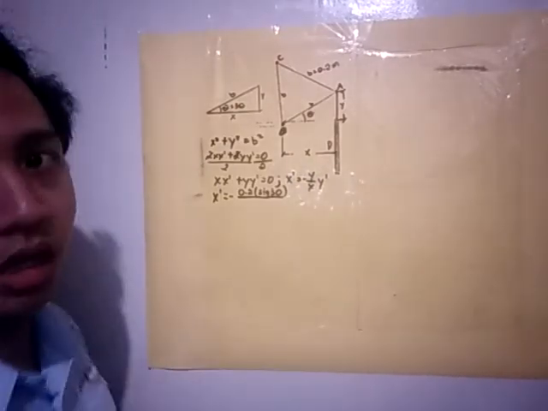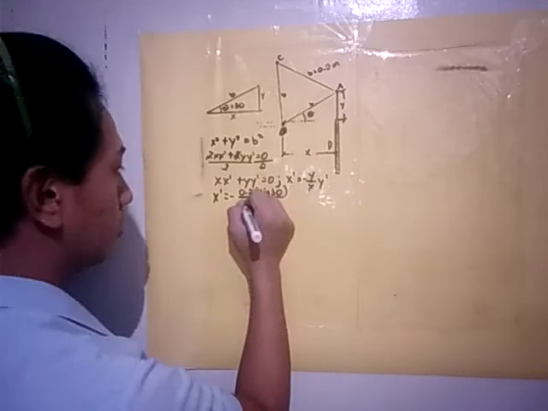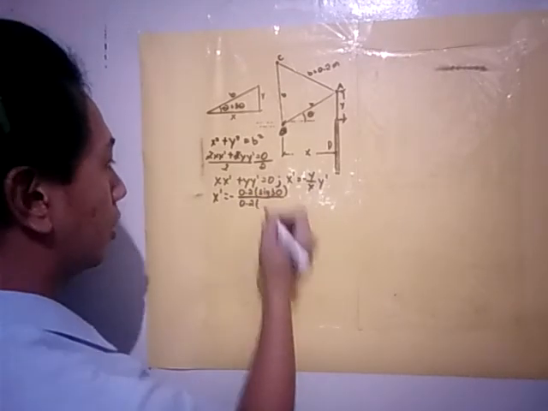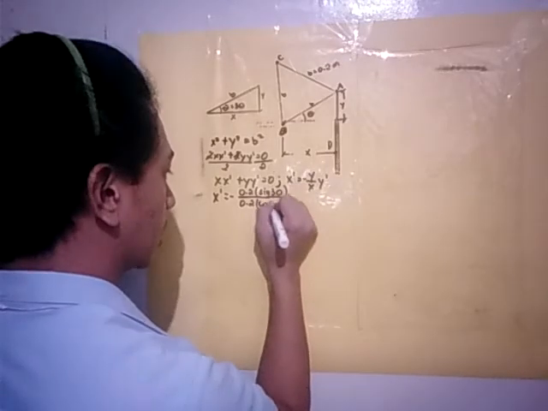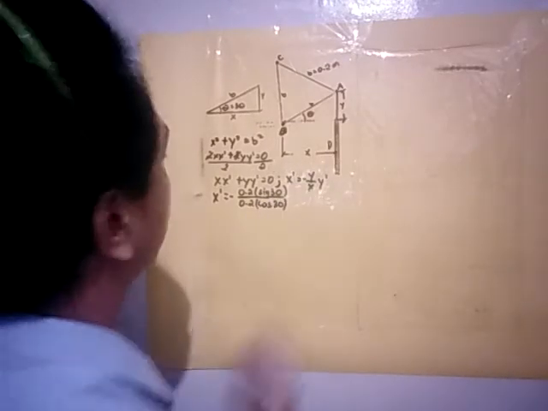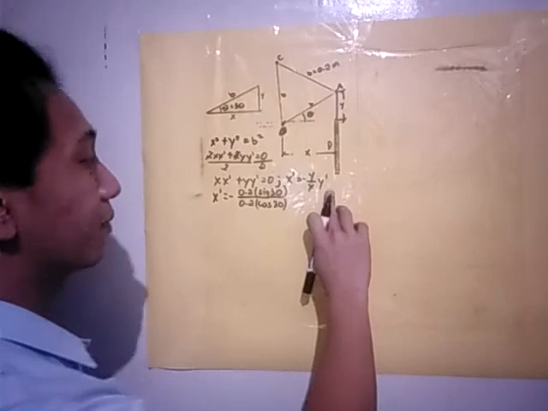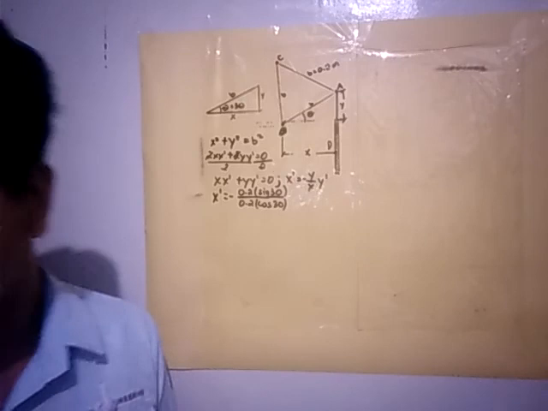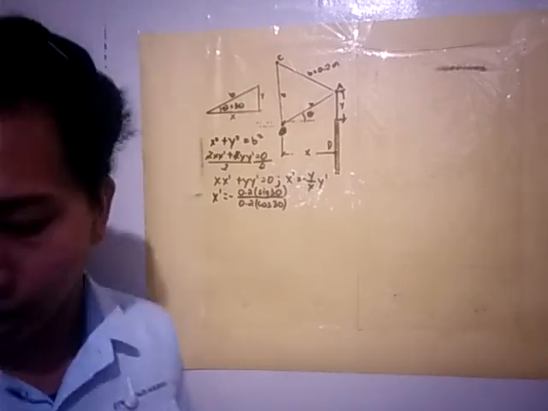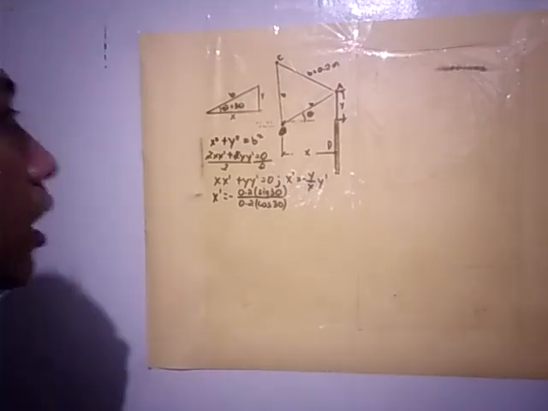Our x is the adjacent side, so it is 0.2 times cosine 30 degrees. Then our y prime: it is said that our velocity at point A is 0.3 meter per second.